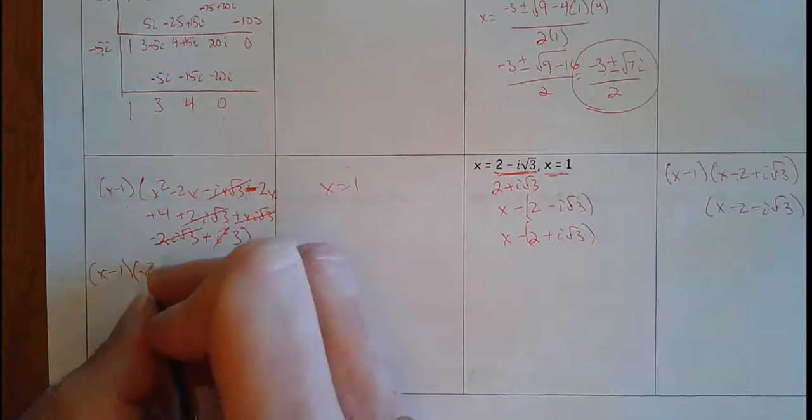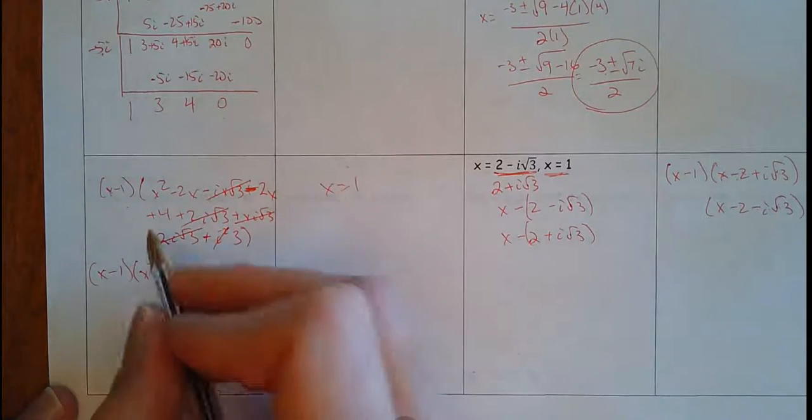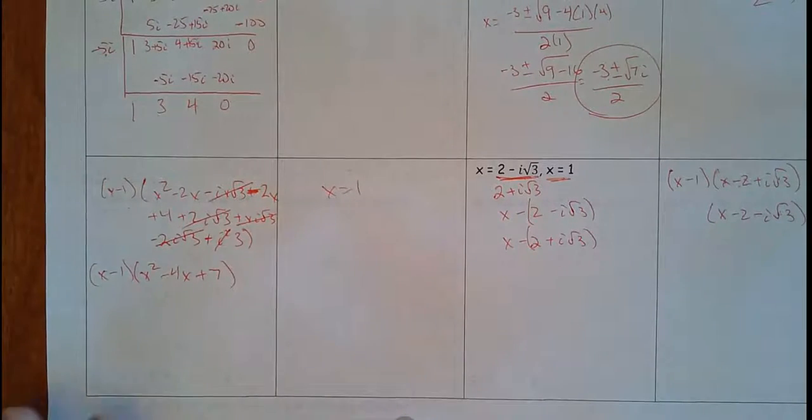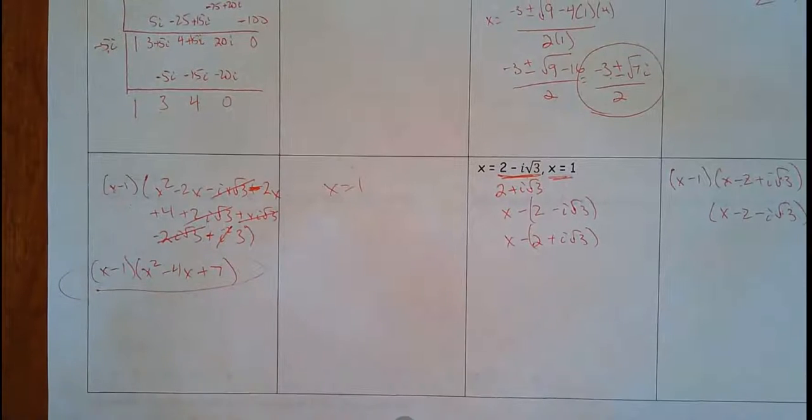So this would be x squared minus 2x minus 2x is minus 4x, and then plus 4 plus 3 is plus 7. So that would be factored as far as I could. This was going backwards. This is what it looked like factored. And then if I multiply that out, I can find out what the original problem was, but I'm not too concerned about that.